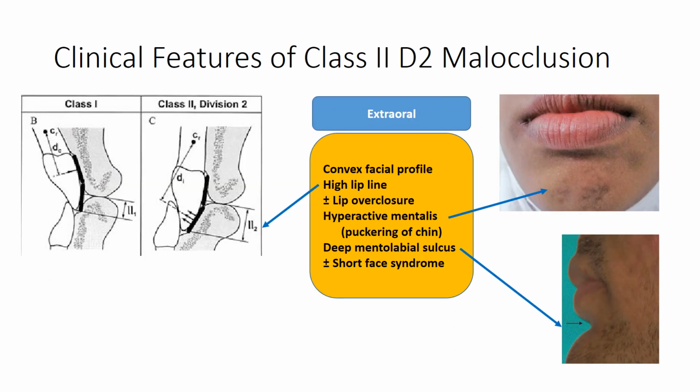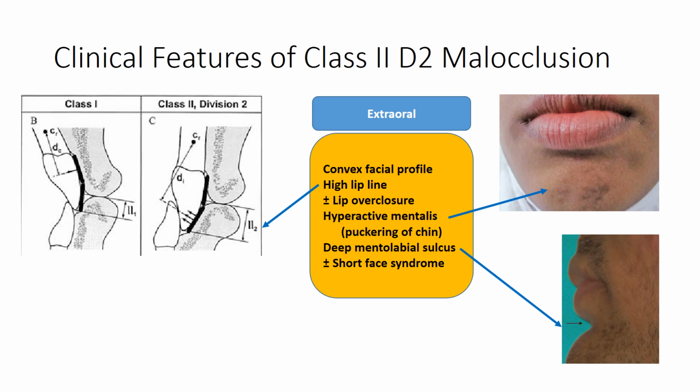Now, the clinical features of class 2 division 2 malocclusion. Extraorally, they also have a convex facial profile. The lip line is very high, meaning the lower lip rests high up on the upper incisors. This position of the lip is what causes the upper incisors to be retroclined.